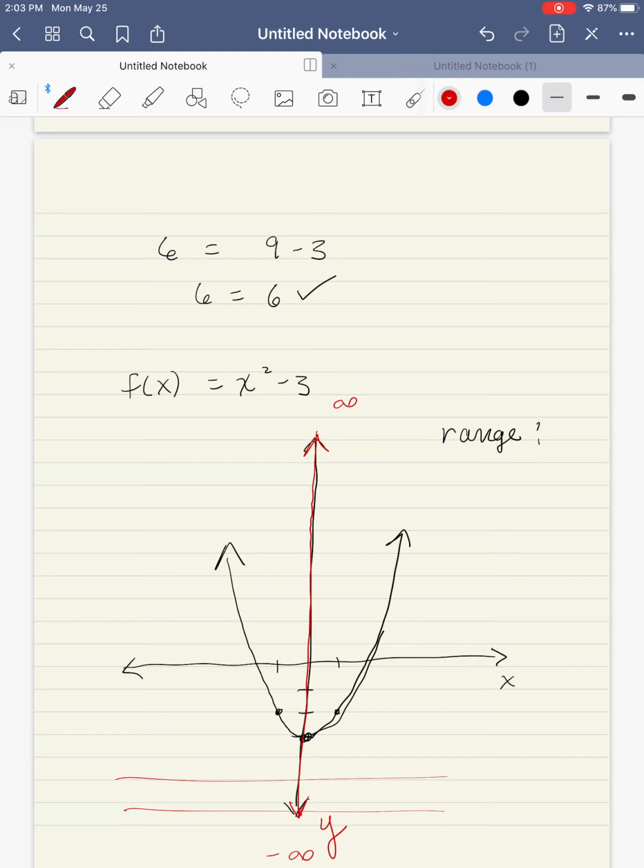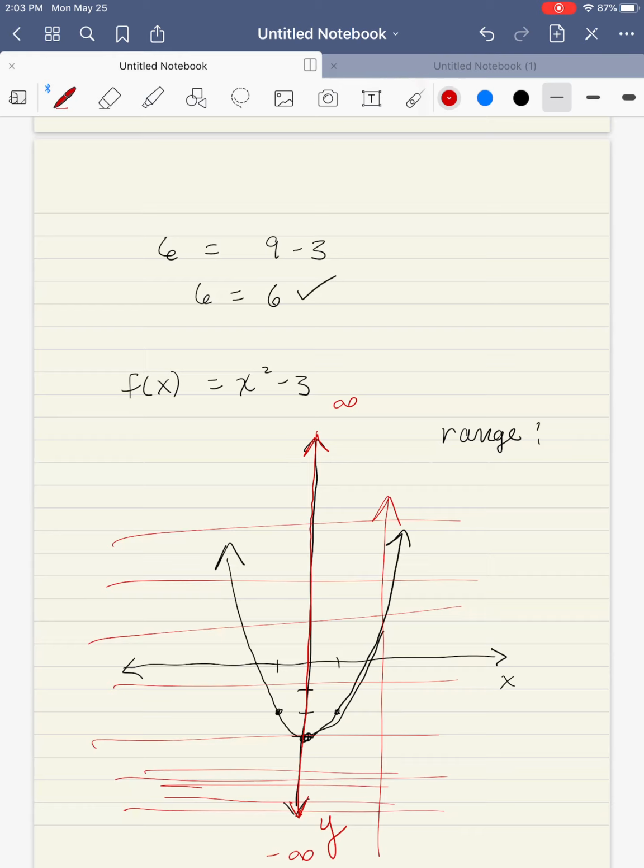So as I'm sweeping upwards and saying, where am I touching the graph? I see that if I'm down here, I'm not touching the graph at all. The very first place I start touching the graph is right here when y is negative 3. And then I continue to touch the graph forever to infinity.